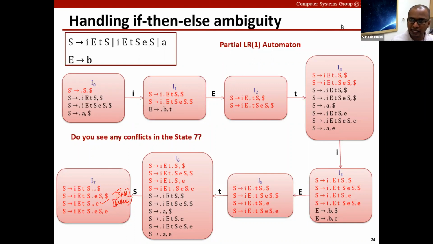There is another kind of problem which is called a reduce-reduce conflict. Reduce conflicts are much more serious. Let's say in state I3, we have two LR1 items like this, where the next lookahead symbol is A, and A goes to alpha 1 dot, or A goes to alpha 2 dot.